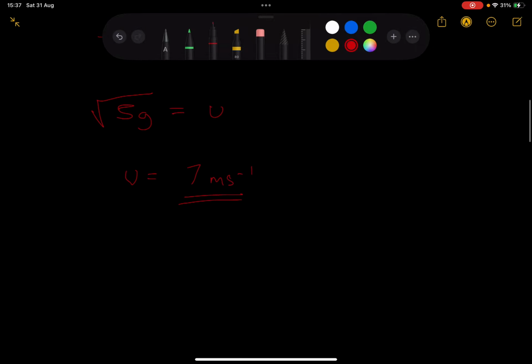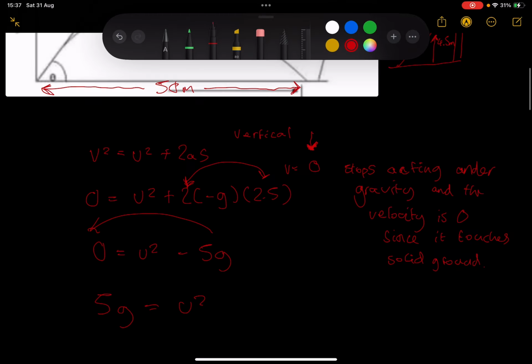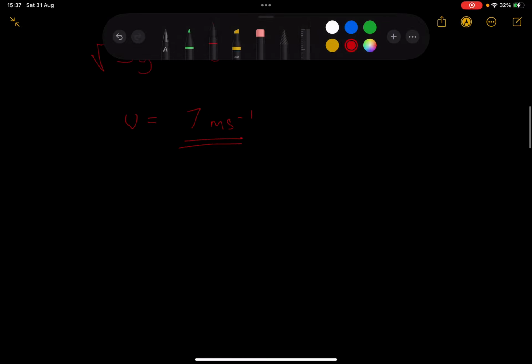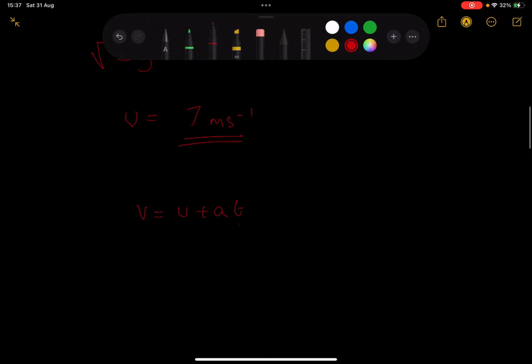Now let's find out the time from this. v equals u plus at. This equation will help us work out the time, since we already have the variables u, a, and v.